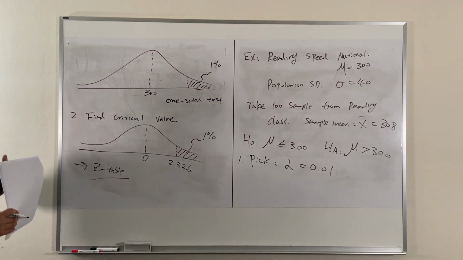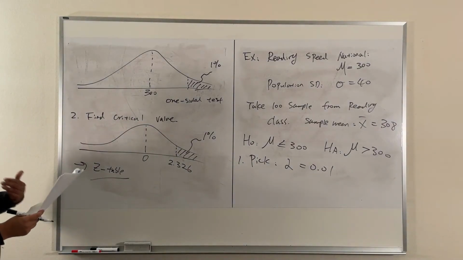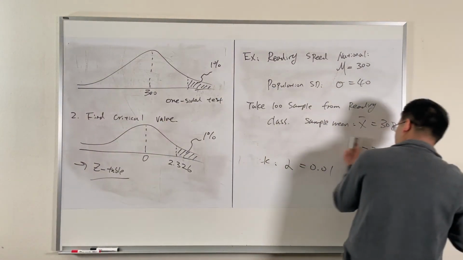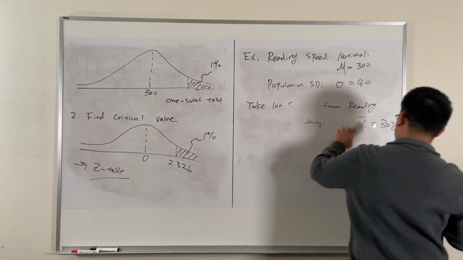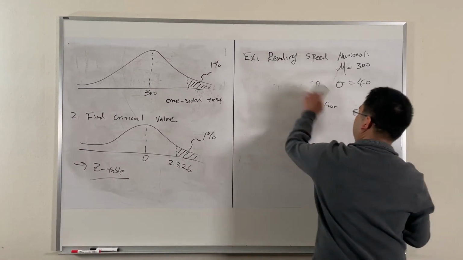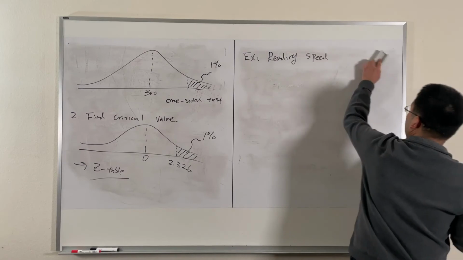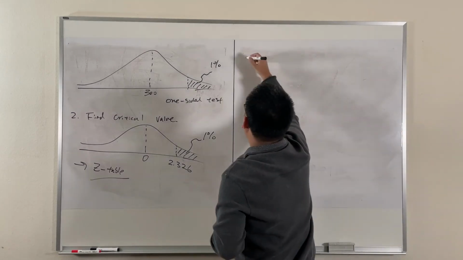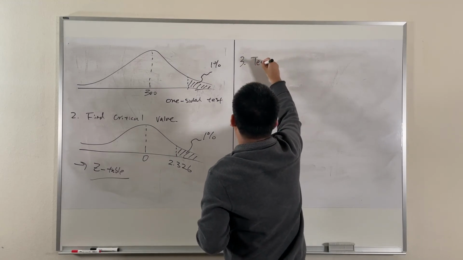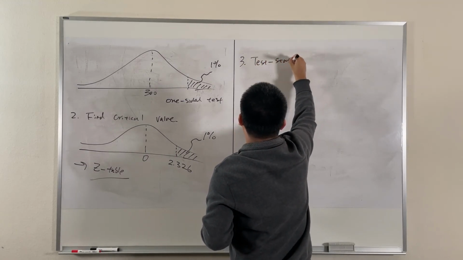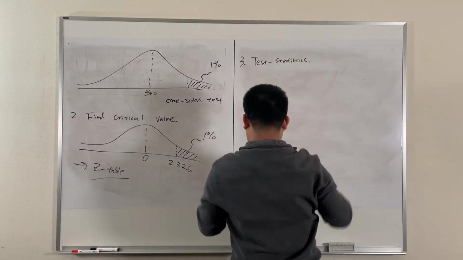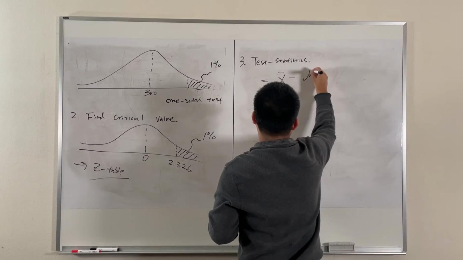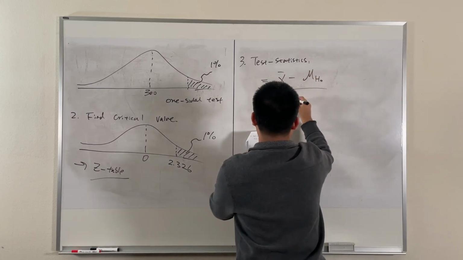Now, the third step is to find your test statistics. 3, your test statistics, in this case, equals x bar minus mu h0 divided by the standard error.